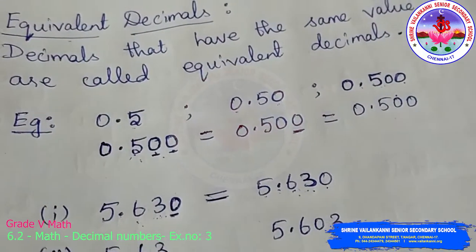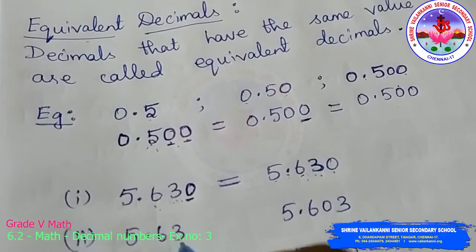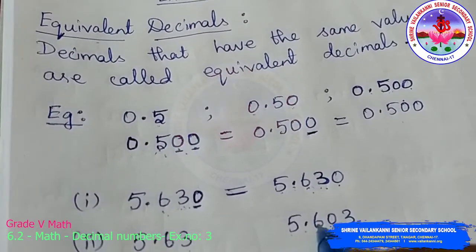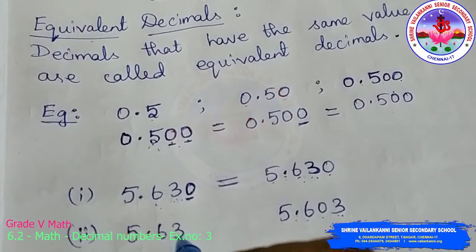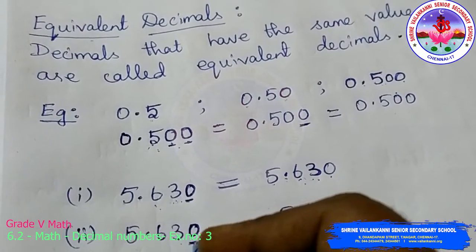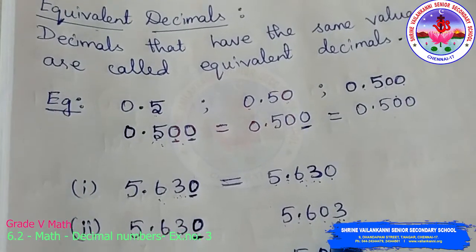Now let's compare the next decimal number, 5.63 and 5.603. After the decimal, here 3 digits are there, here 2 digits are there. If I add 1 zero, now it has become 3 digits after the decimal, here also 3 digits.